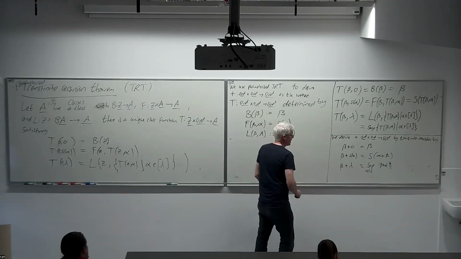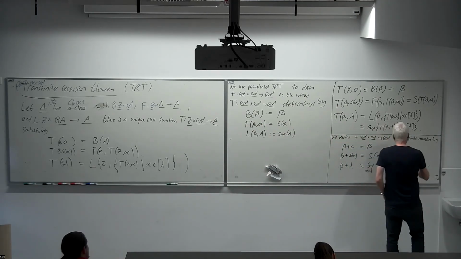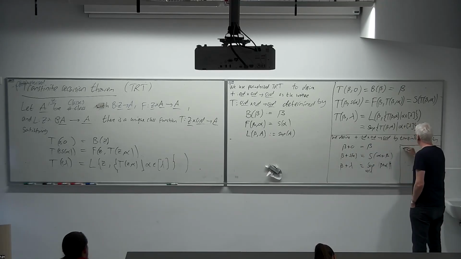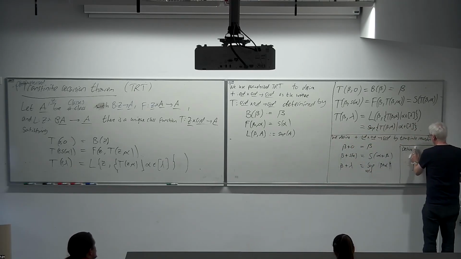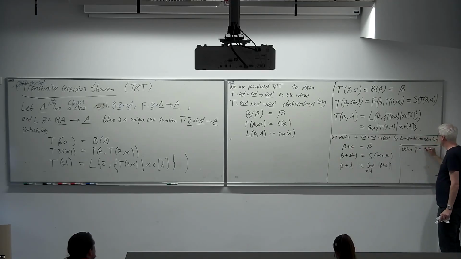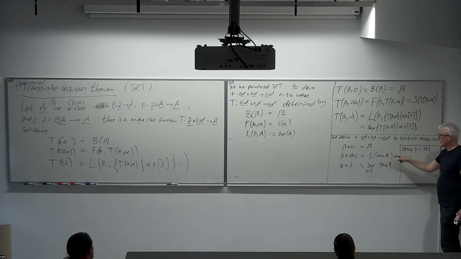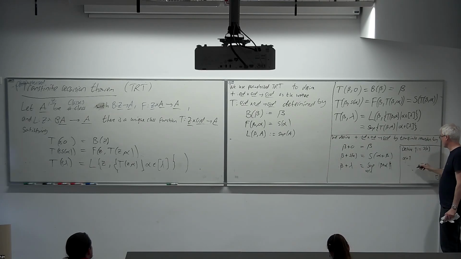And notice that if we define notation, we define 1 to be the successor of 0, then alpha plus 1 by this definition is the successor of alpha plus 0, which is the successor of alpha.